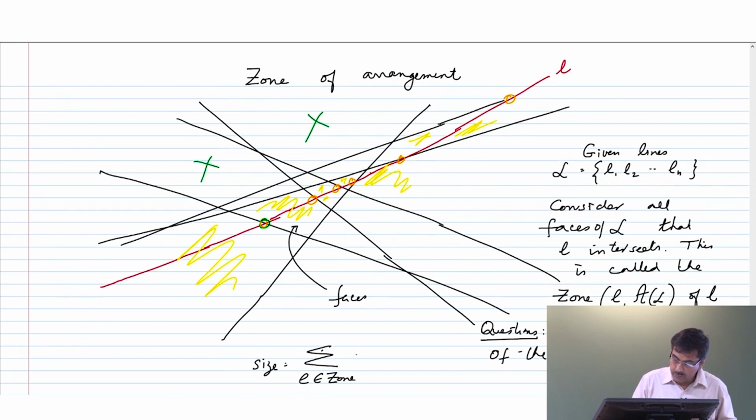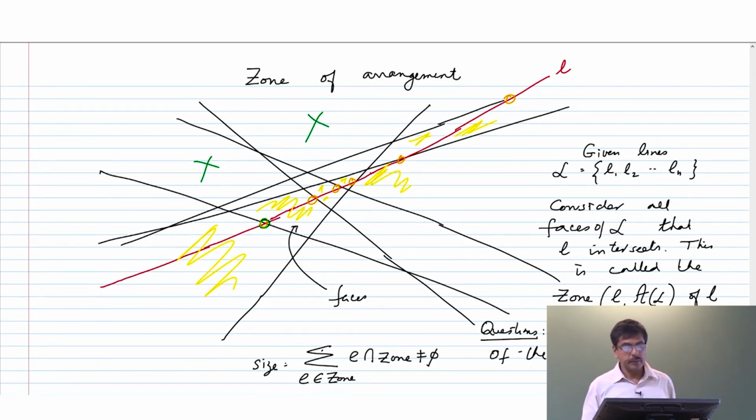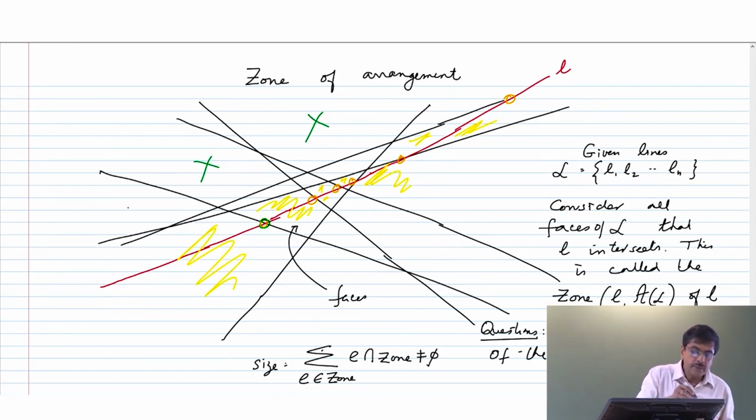So, I can say that the edges E whose intersection with the zone is not empty, I look at all those edges.